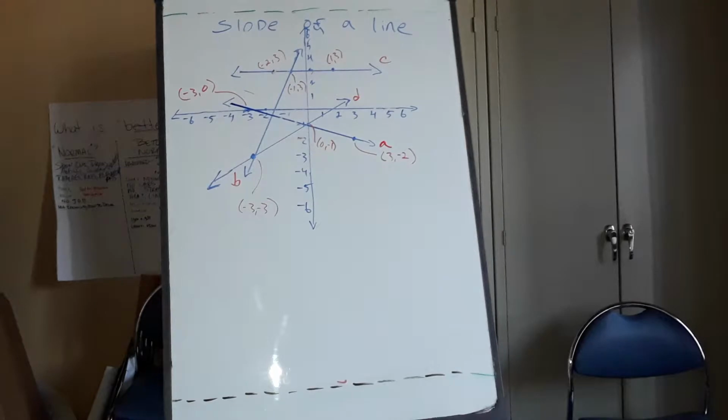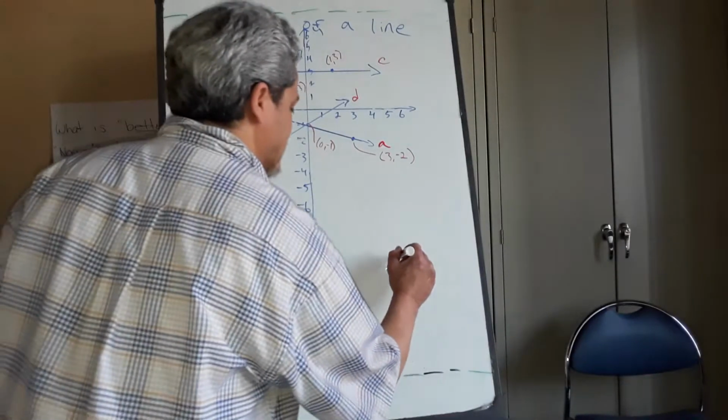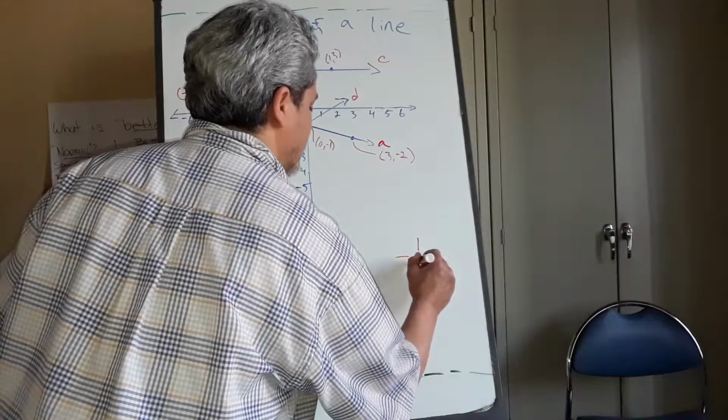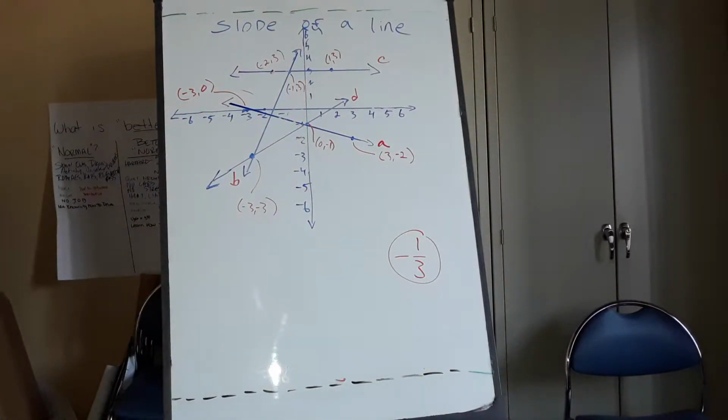It says, which of the following lines shown has a slope of -1/3? So which of the lines has a slope of -1/3?